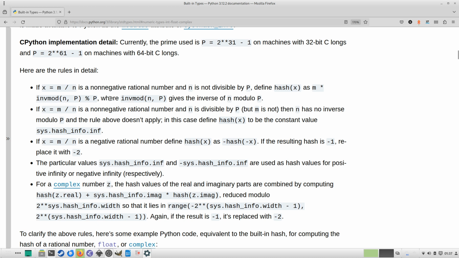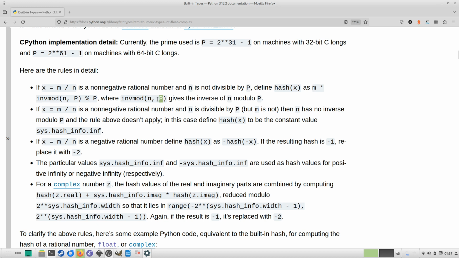So suppose this is our fraction, and for most common integers n would be 1 and n would not be divisible by P. So it would be m times inverse_mod(n, P) modulo P, let's say the number m is 5. So n is 1 here and P is 2 to the power 61 minus 1 on 64-bit.